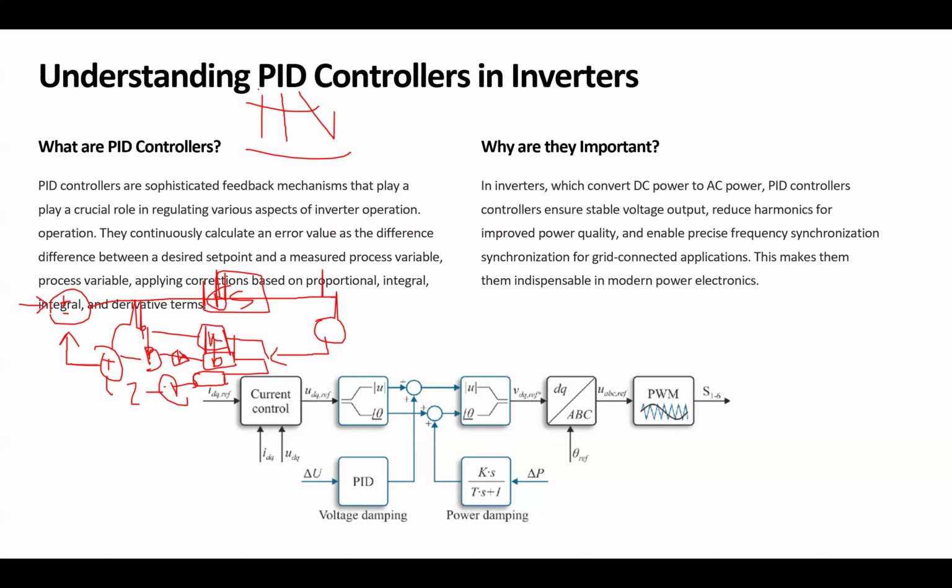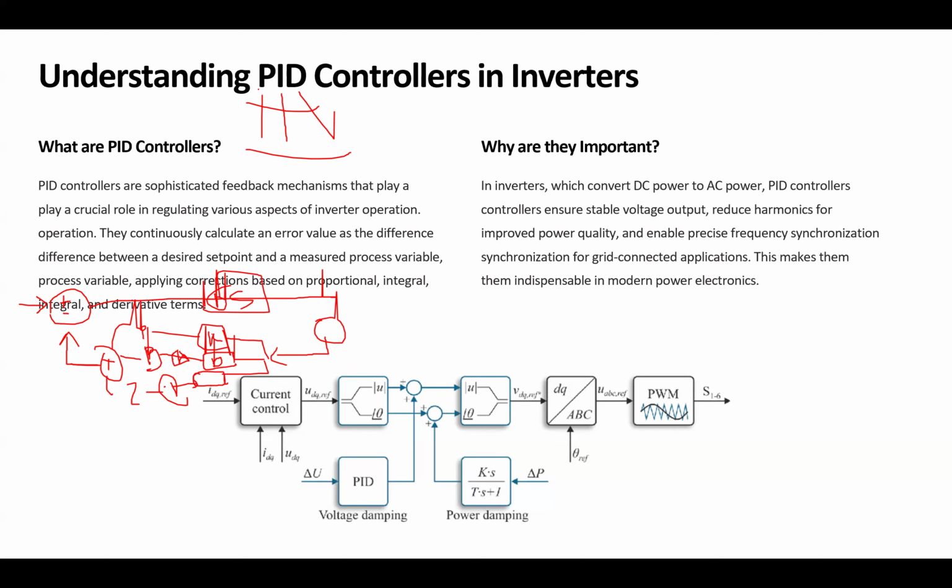Then it processes it through the proportional, integral, and differential system, and those derivative terms, and applies the correction based on those three terms. I hope it was a clear statement, but as I said, I will give you more details next week.